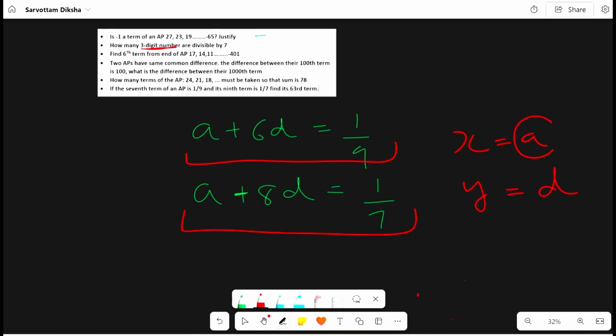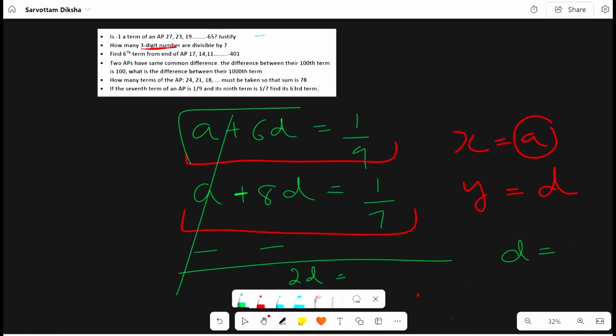Here the coefficient of A is 1 in both the equations. Simply subtract and eliminate A. I will get the value of D and substitute this value of D in one of the equations. Once you have A, once you have D, you can easily recreate the AP and you can get any term whatever they are asking for the AP.